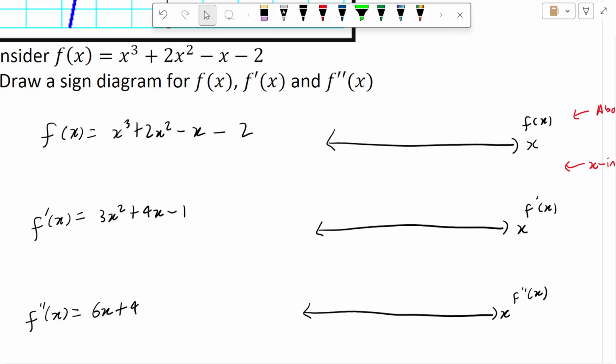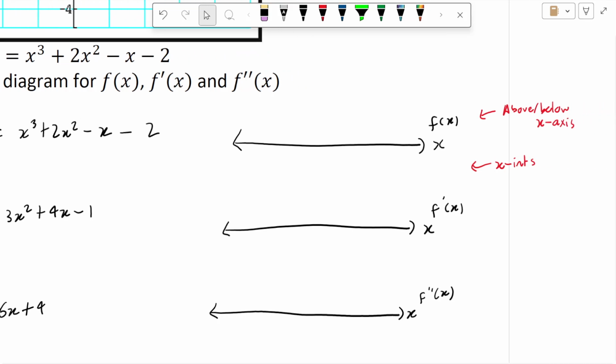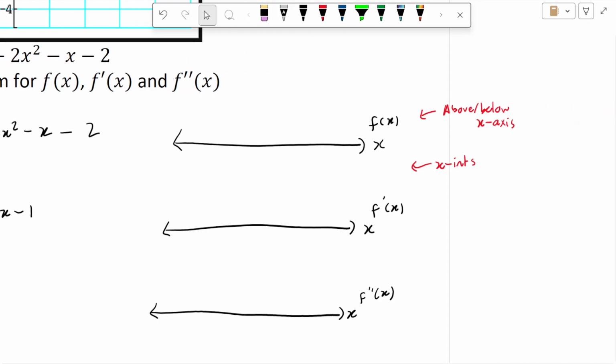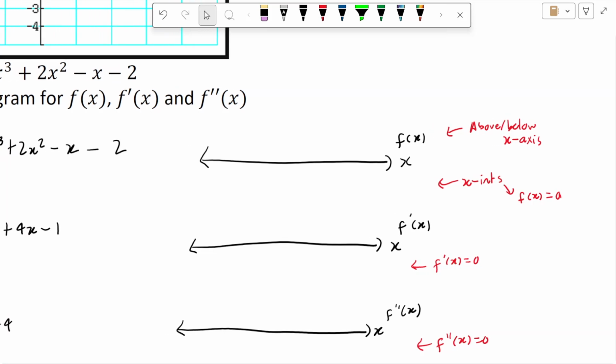I'm going to show you a cheeky trick to basically cheese all the sign diagrams. Essentially, x-intercepts is another way of writing f of x equals 0. In fact, no matter what sign diagram we do, this one for example, we're going to be looking at f dash of x equals 0 to get those numbers, or f double dash of x equals 0 to get the numbers on this one. So let's do that.